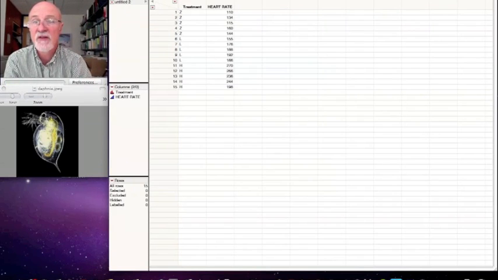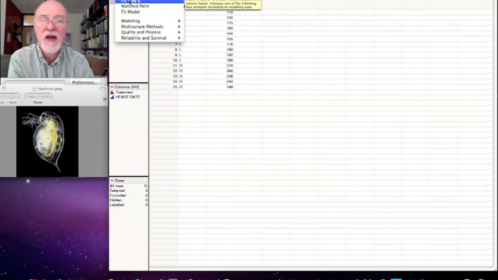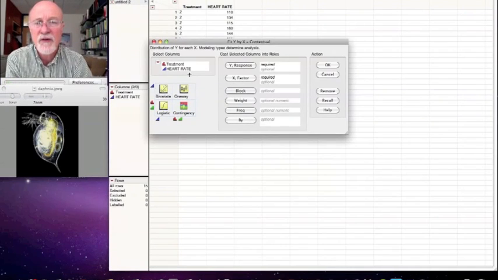All right, so let's go to our analysis menu before we run out of juice in my machine. And what we're going to do in this platform, we're going to use Fit Y by X. Notice it pops up, how a response distributes differently across a column factor. That's kind of obscure, but it's general. And we want to actually look for these little bars. That indicates that this is a class variable.